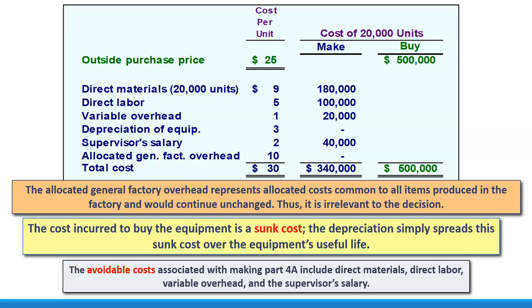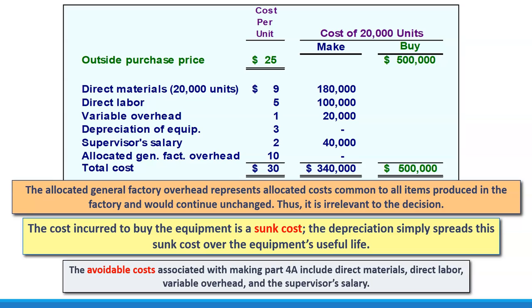However, if we make the part, we're going to remove the allocated general factory overhead and the depreciation, because the cost incurred to buy the equipment and the depreciation is considered a sunk cost. And the allocated general factory overhead is allocated costs common to all items produced in the factory.